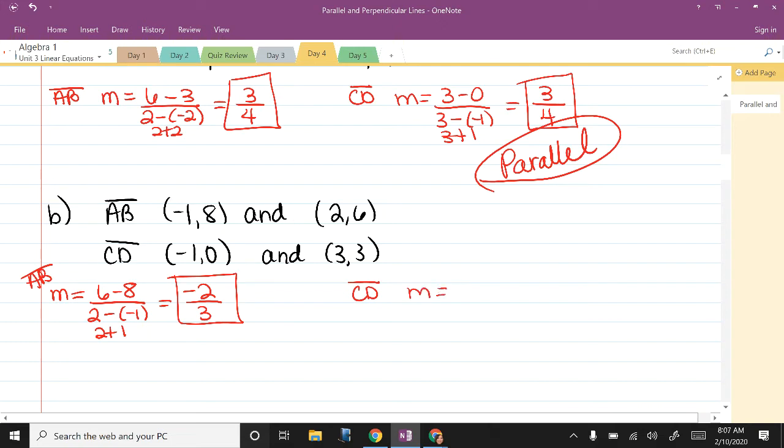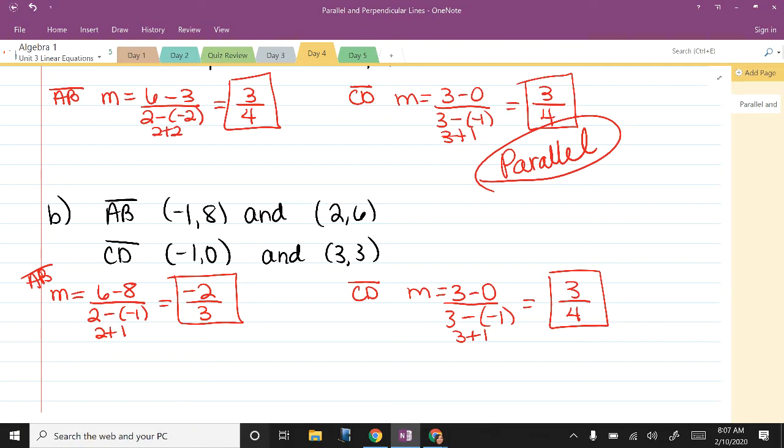Y2 minus Y1 over X2 minus X1. So what's Y2? What's 3 minus 0? All right. Are they the same? No. Are they opposite reciprocals of each other?